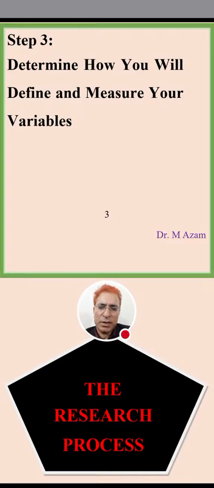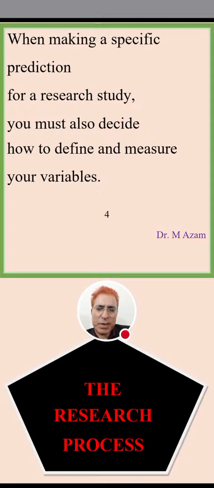In the last class, we also discussed variables. What does variable mean? And what are the different variables in social sciences, if you remember? When making a specific prediction for a research study, you must also decide how to define your variables and how to measure your variables.